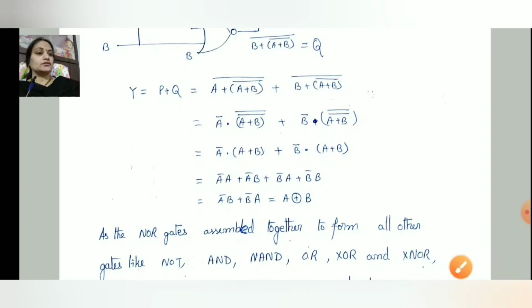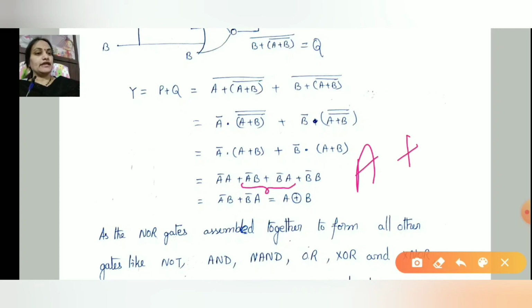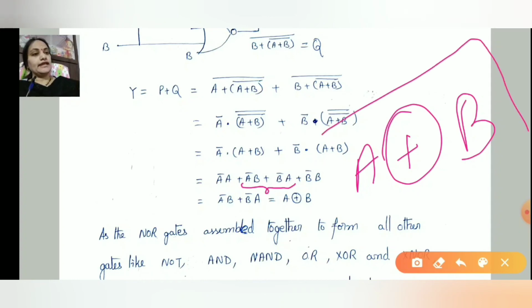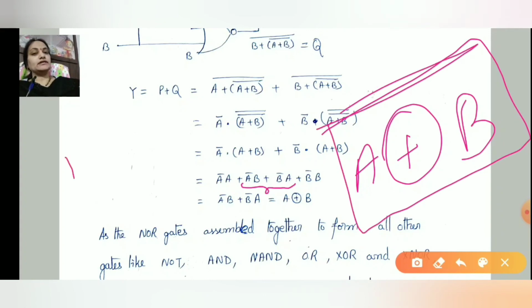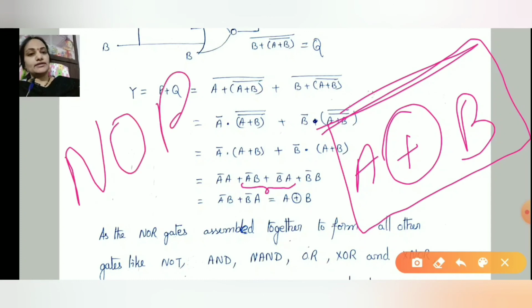So lastly we got these two terms only, that is A bar B plus B bar A, that is equal to A XOR B. That means we got the A XOR B expression by using NOR gates only.